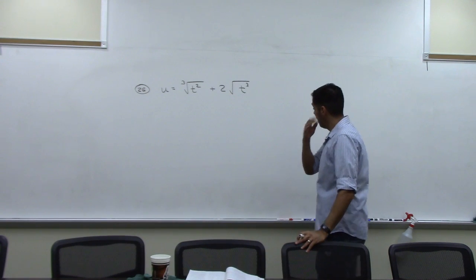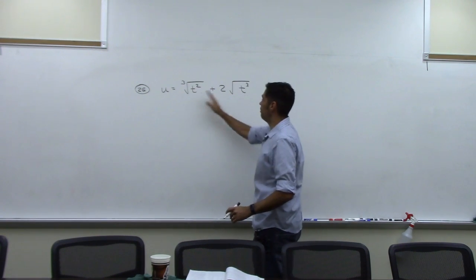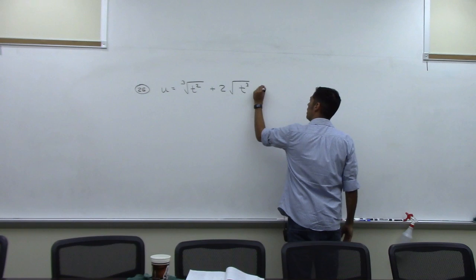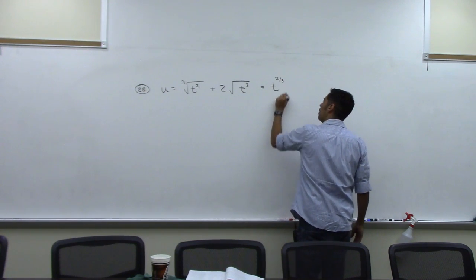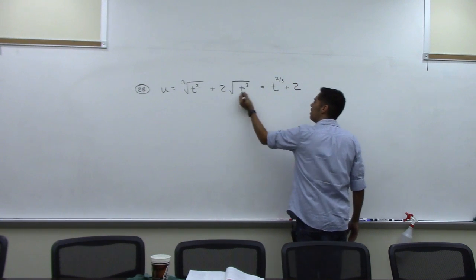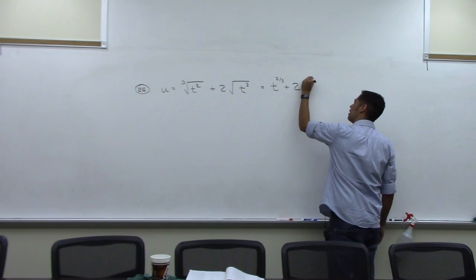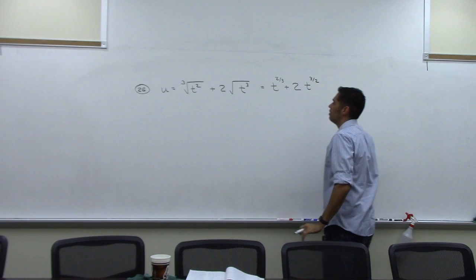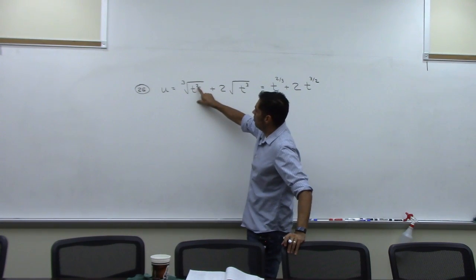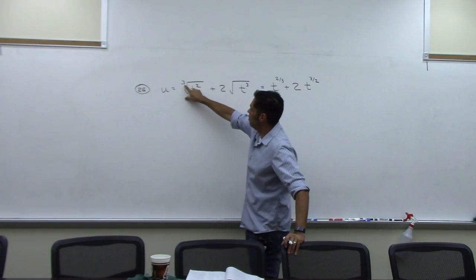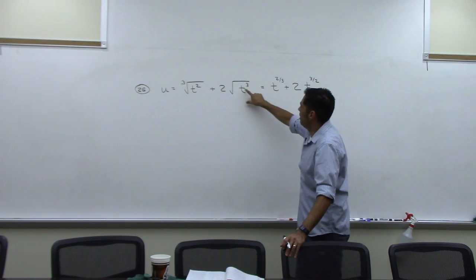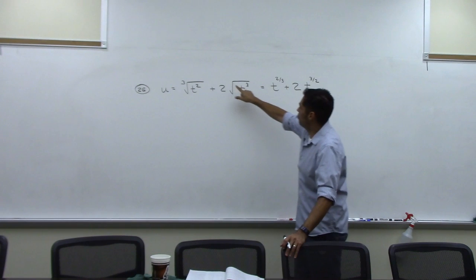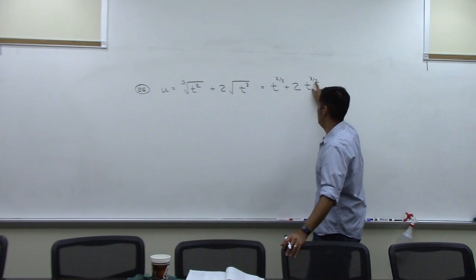Now, I'm going to rewrite these two terms as powers of t. So the first one is t to the 2/3 plus 2 times t to the 3/2. You can look at it this way: the power is 2, the root is the denominator. Here, the power is 3, the square root, there's a 2 out here, is the denominator.